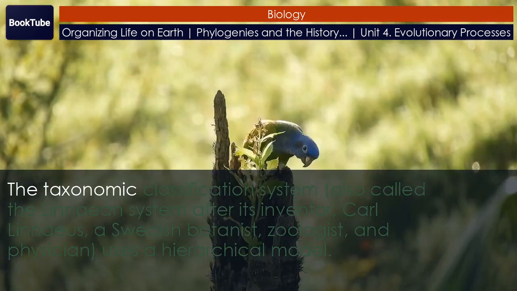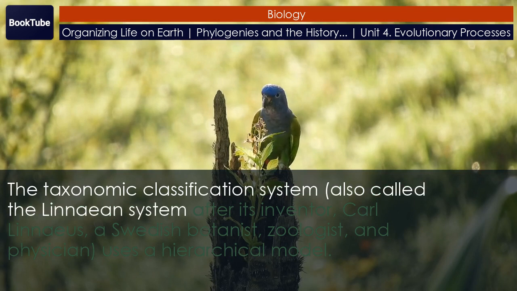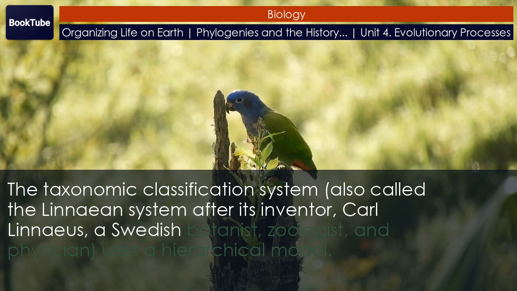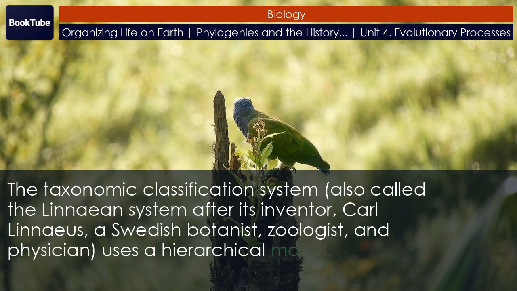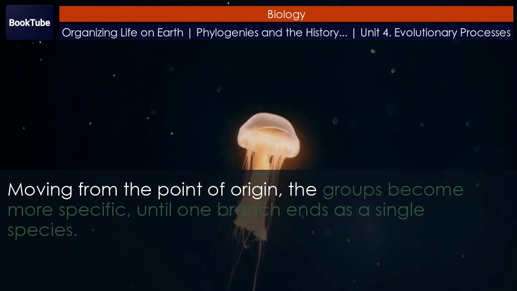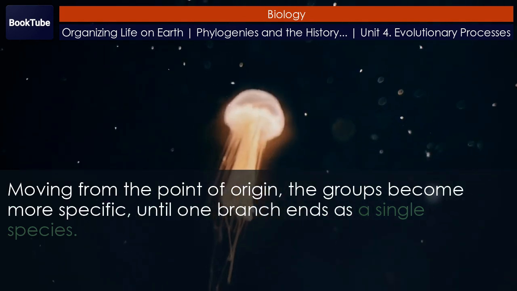The taxonomic classification system, also called the Linnaean system after its inventor, Carl Linnaeus, a Swedish botanist, zoologist, and physician, uses a hierarchical model. Moving from the point of origin, the groups become more specific, until one branch ends as a single species.